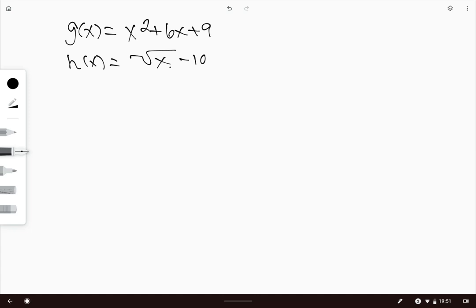What I'm going to try to find is g of h of 9.